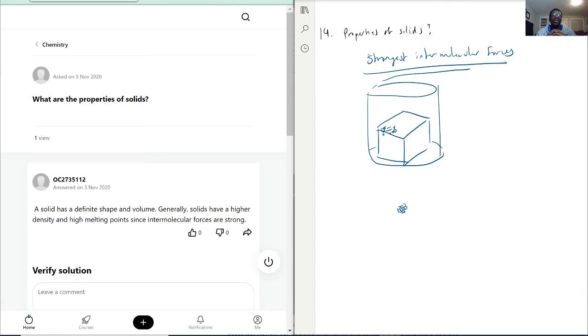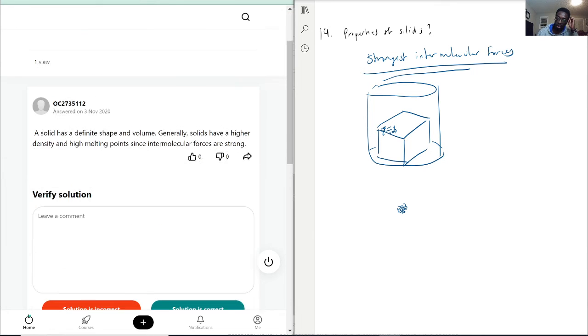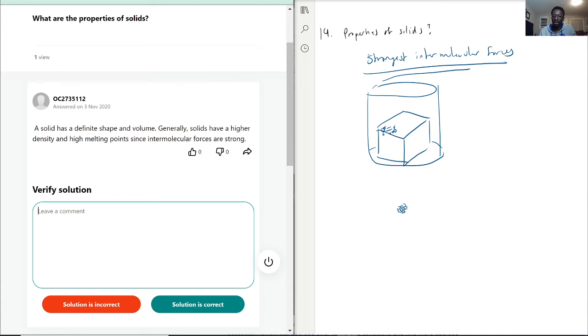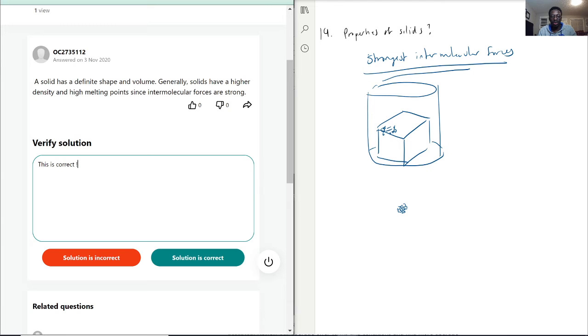In fact, a very high melting point even, because its intermolecular forces are so compact in that solid. Okay? So yes, I like this. This just explains it thoroughly, and this is correct. So yeah, that's what we have for solids.